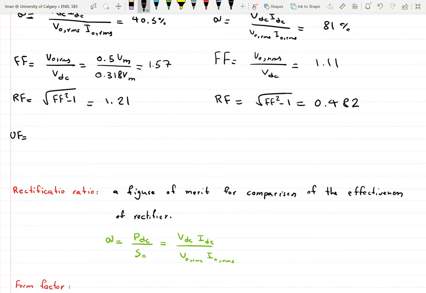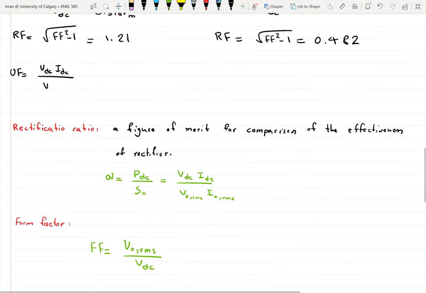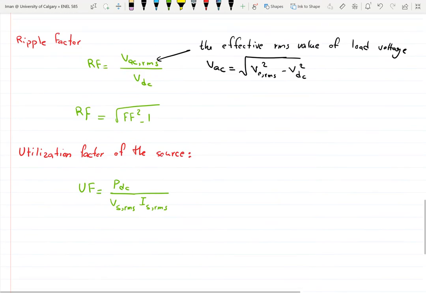So for the half wave, we have VDC IDC divided by VS, I out, which is VDC IDC divided by VSRMS, ISRMS.